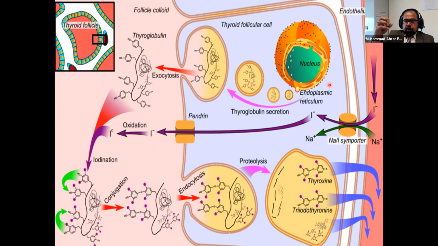It stimulates the pituitary gland to secrete thyroid stimulating hormone, and this thyroid stimulating hormone attaches to the receptor of the thyroid follicle cell, and this follicular cell then starts secreting by endocytosis. The T3 and T4 go out and move into the blood circulation. Then it goes where the hormone is needed.